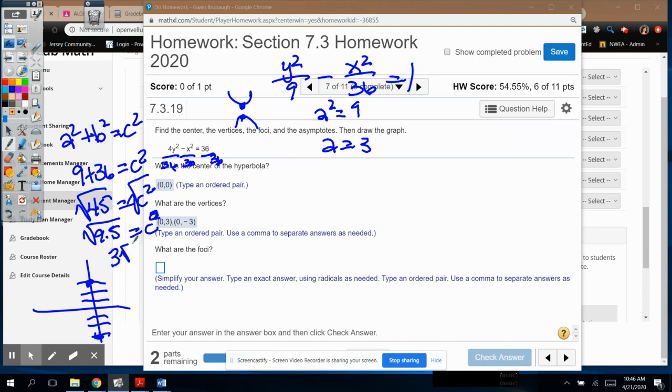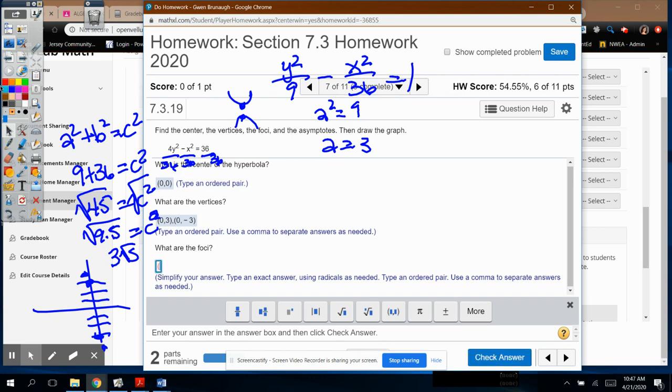So it's 3 root 5. Okay, so I'm going to go up or down 3 root 5. So I'm going to go over 0 and up 3 square root of 5. And then over 0 and down 3 square root of 5.